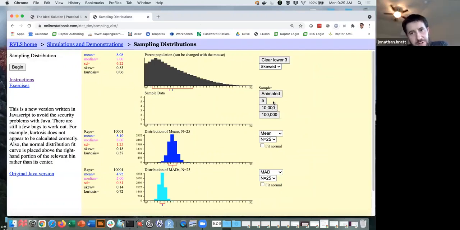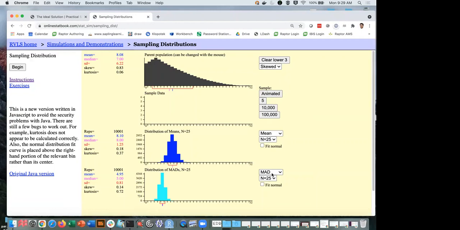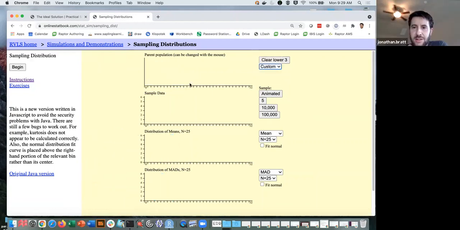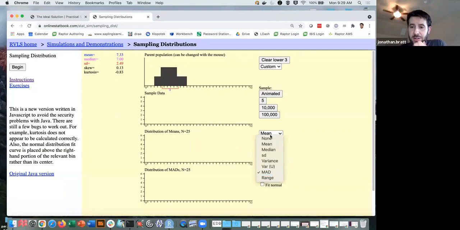Since the book glosses over bias a bit, I do want to say a little bit more about this kind of bias. Let's suppose I'm going to draw a custom distribution like this. This is the population that we care about, right? And let's suppose that I want to know the range of this population.